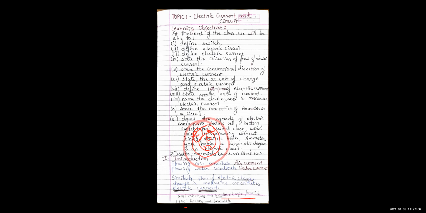But the positively charged protons are immobile, means they cannot move in the conductor. So, the flow of negatively charged electrons in the conductor produces electric current, right? So, in a conductor, the electrons are flowing. Yes, children?